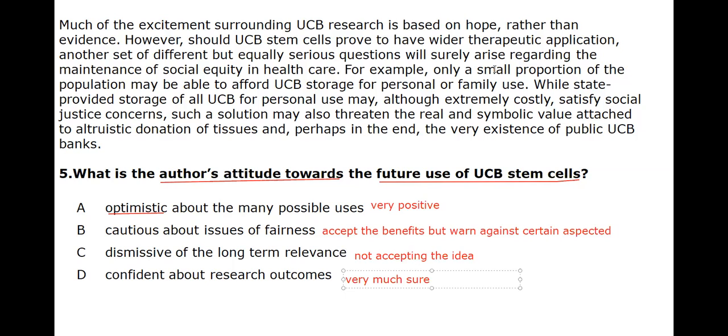By this time, you should be able to send your answers. The time is up.